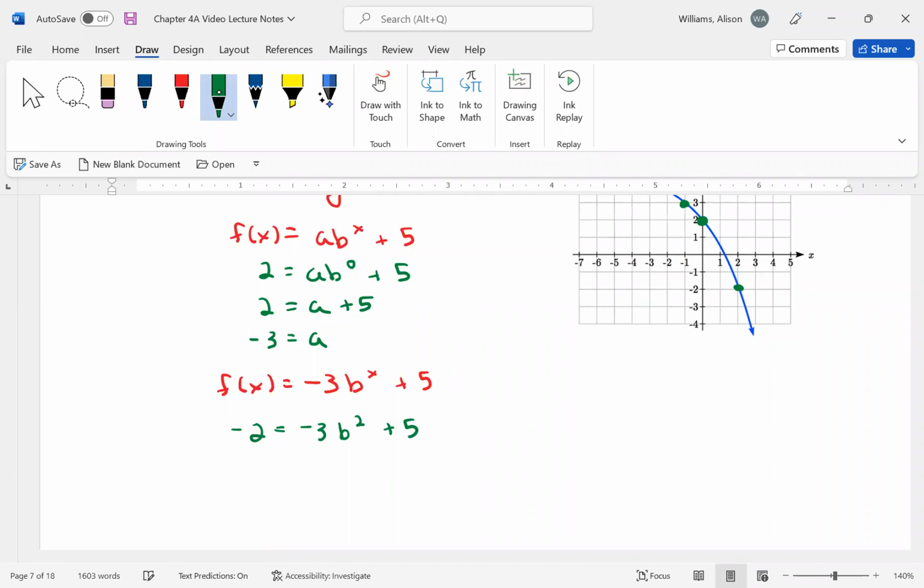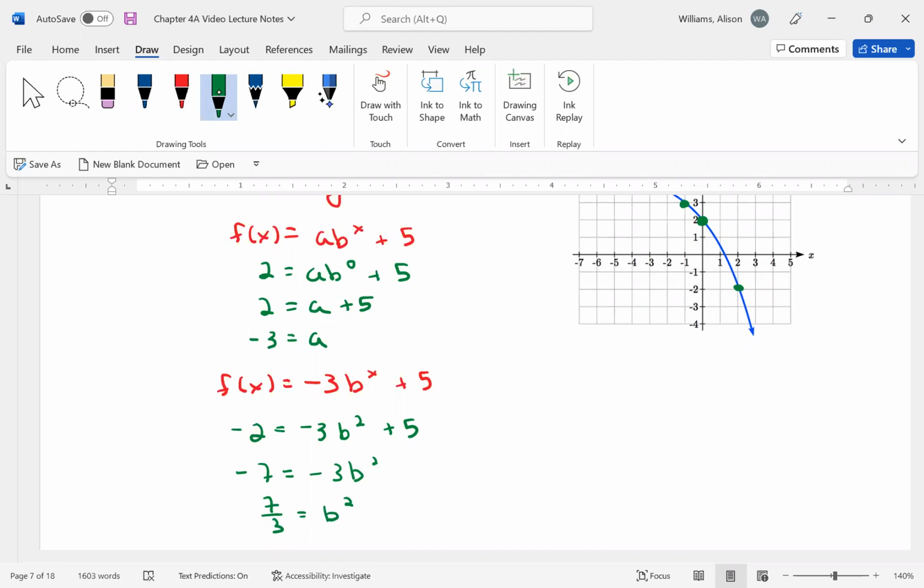Okay, so let's solve this. Let's subtract the 5 from both sides. So that's going to be -7 equals -3 b squared. Okay, and then dividing by -3 is going to give me positive 7/3 equals b squared.